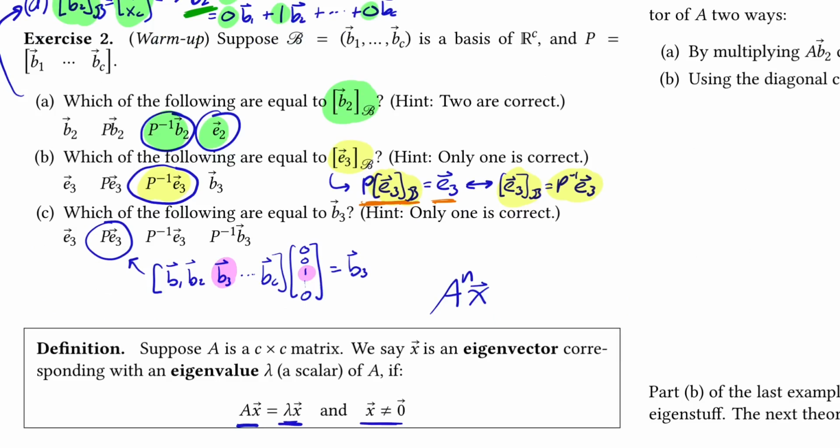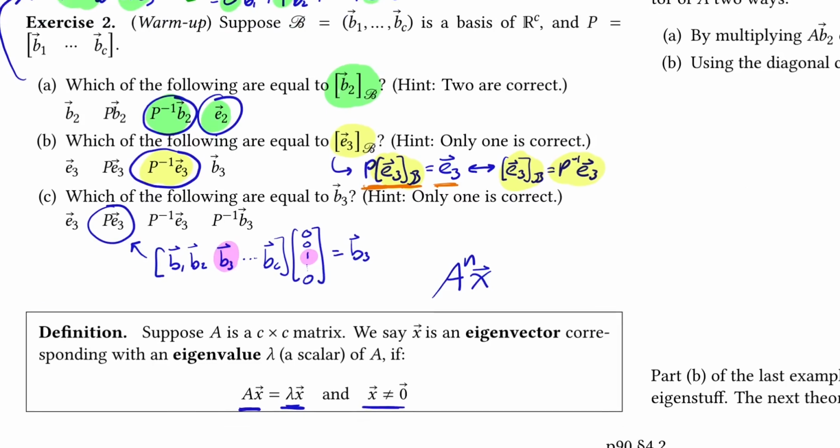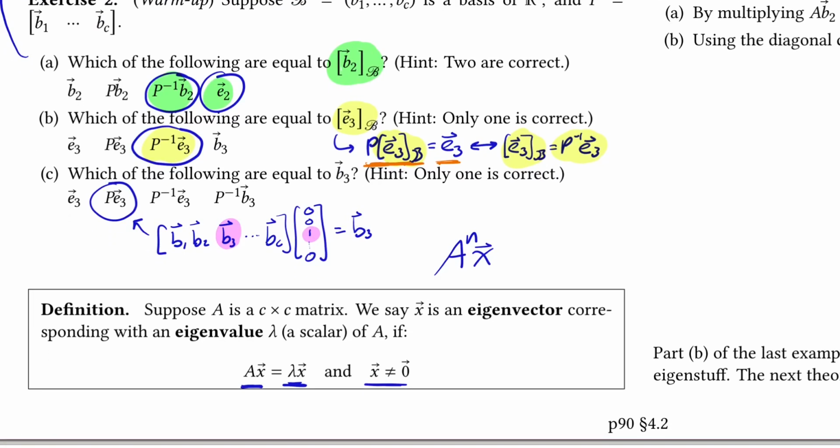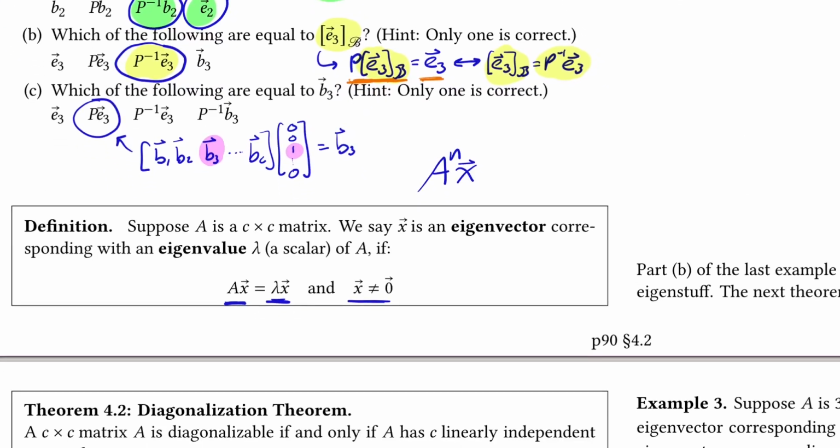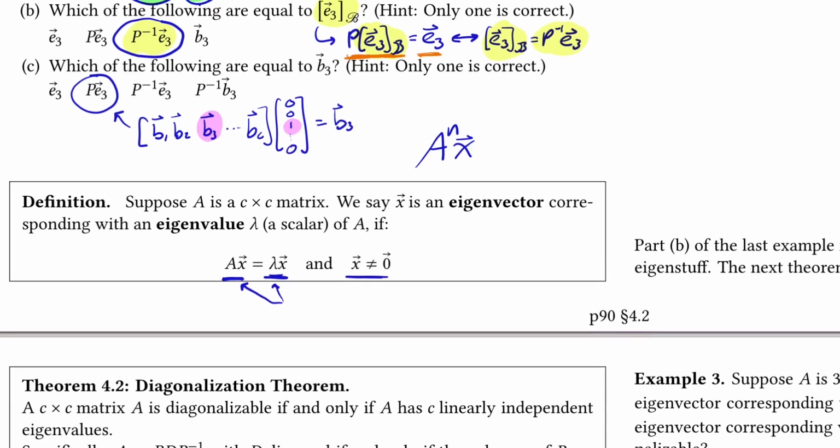Okay, so that's the idea. Let's look at some examples. Now, we do want to keep in mind that lambda times x being a scalar multiple of x means that it's on the same line through the origin and x.